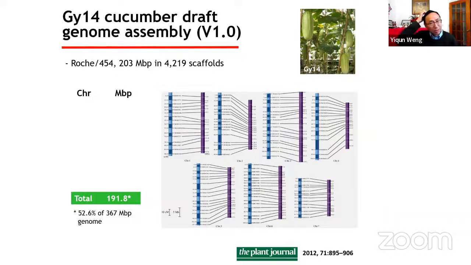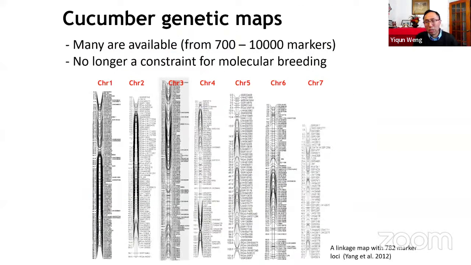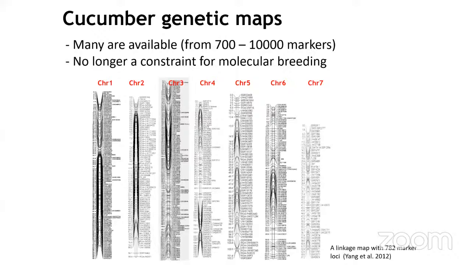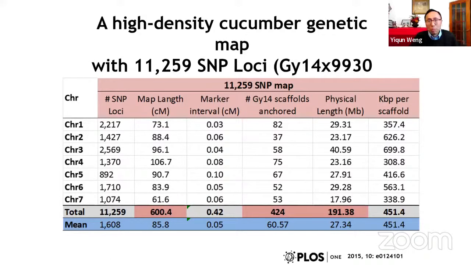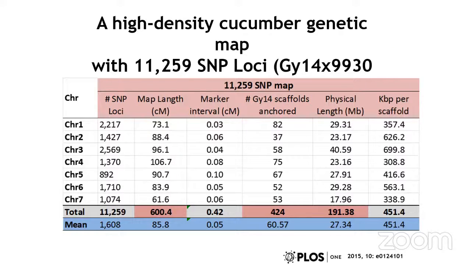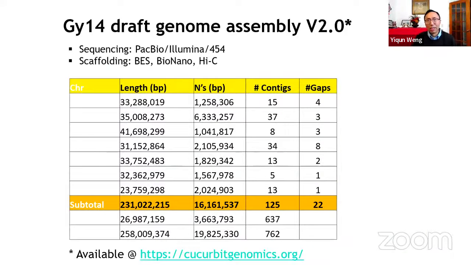10 years ago. And from this genome assembly, we were able to develop high resolution genetic maps. Several genetic maps have been developed. Here is an example. Another example with 11,000 SNP loci, a genetic map we developed. And we also recently improved the draft genome for GY14.